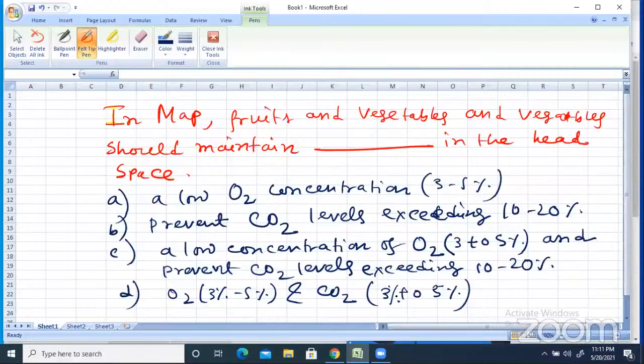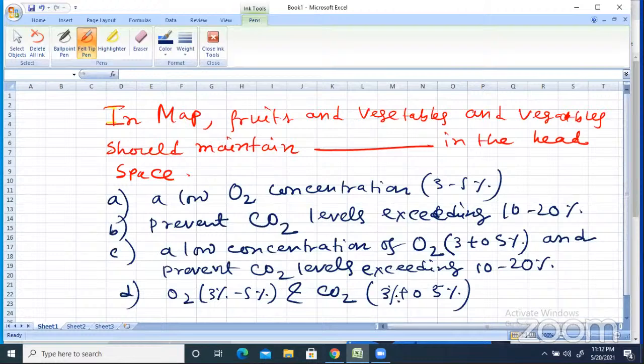Actually, a very low concentration is avoided. Low oxygen concentration and carbon dioxide levels of 10 to 20%. Okay. Why so? Is there any cause? In low concentration of oxygen, aerobes can be controlled.